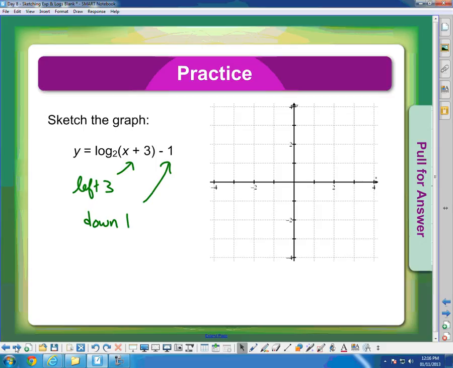Again, I'm going to draw the original function as a reference. So it goes through 1, 0, and then here, and then here, and then here, and then here.